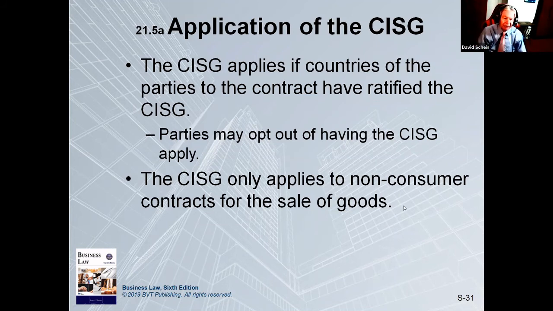Now, an important caveat, which may not be obvious, is that the CISG only applies to non-consumer contracts for the sale of goods. So this is going to be merchant-oriented, unlike the UCC, which covers consumers and businesses.